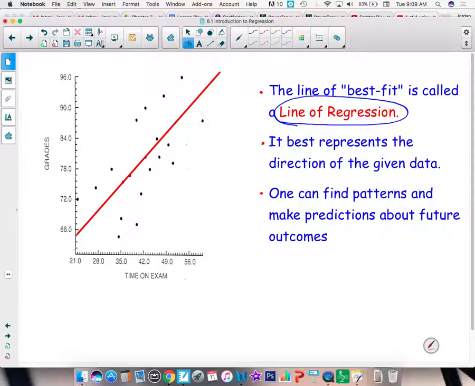The line of regression best represents the direction of the data. So it's a line right here, pretty much like the one that I drew on the last slide. We can use that line to find patterns and make predictions about the future outcome. I mentioned this yesterday. We have a couple terms: extrapolation and interpolation.